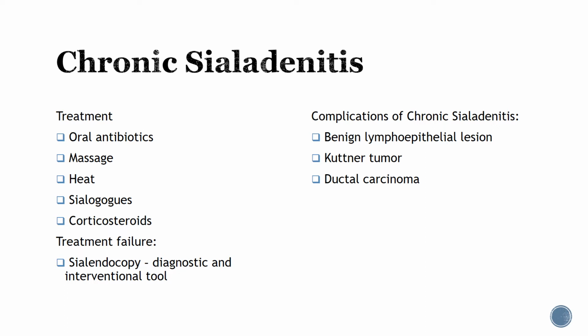Sialolithiasis may result in scarred stenotic ducts, sialectasia leading to diminished secretory function of the gland. Treatment includes antibiotics, hydration, sialogogues, wherein it would result in a 50% improvement. Removal of sialolith can return the gland function and obviate gland removal.